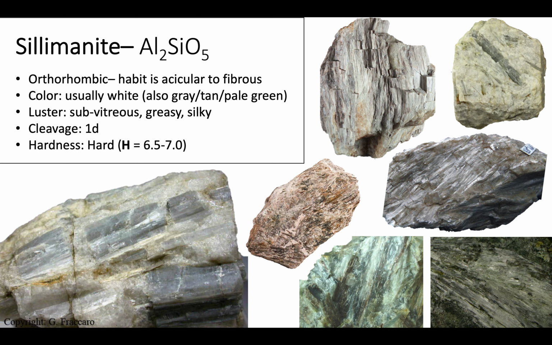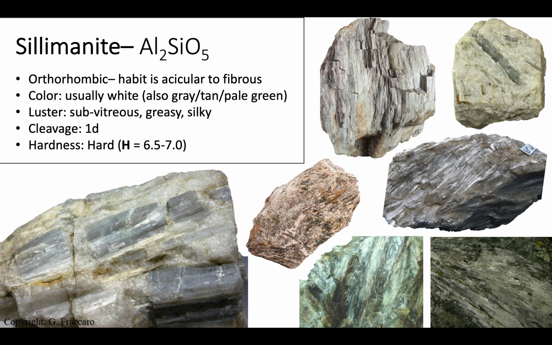Sillimanite is also orthorhombic, but it's going to have a fairly different habit. It's going to range from acicular to fibrous, so you're going to have these very long, slender crystals. The color is going to usually be white, though it can range from tan to gray to pale green.